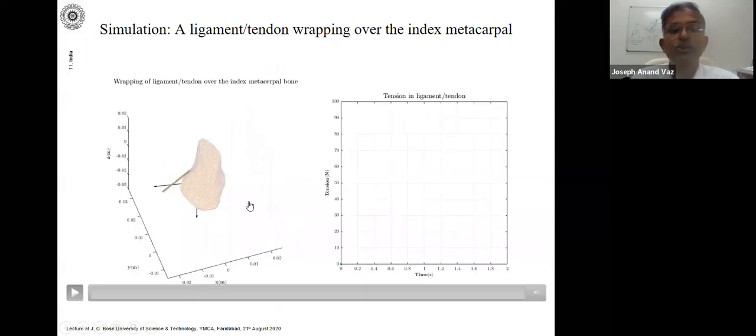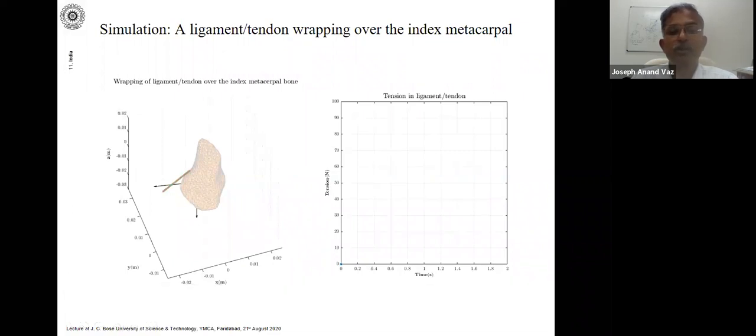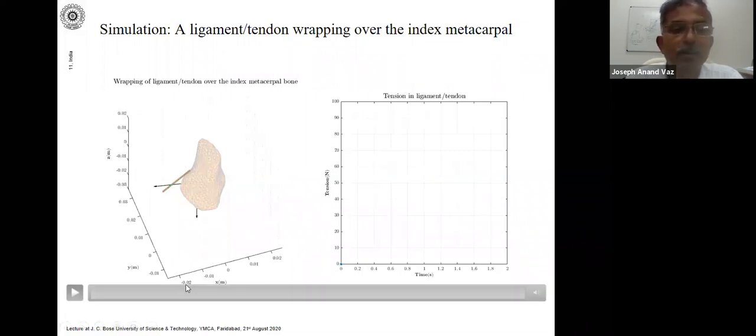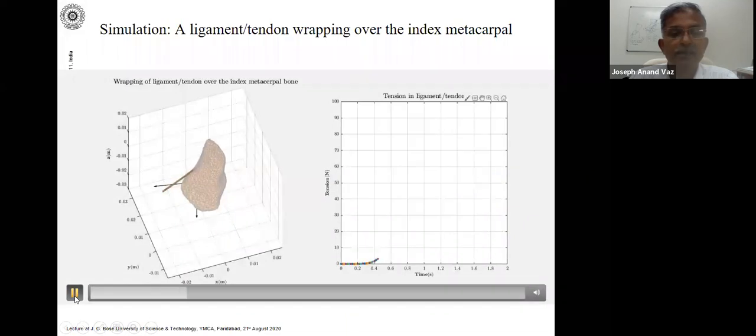Now we come to the actual biomechanical problem. You have the bone, the index metacarpal, and one end of it is tied to this. When you run this, you can see how the wrapping is going to take place.